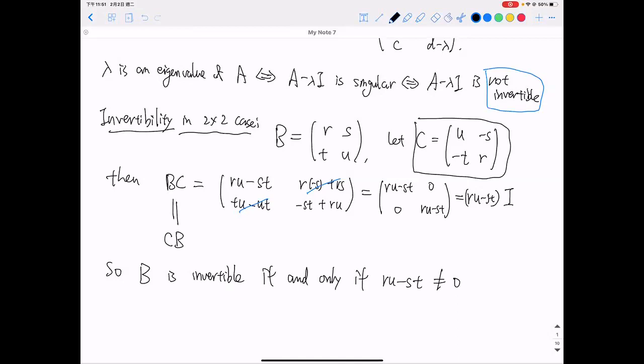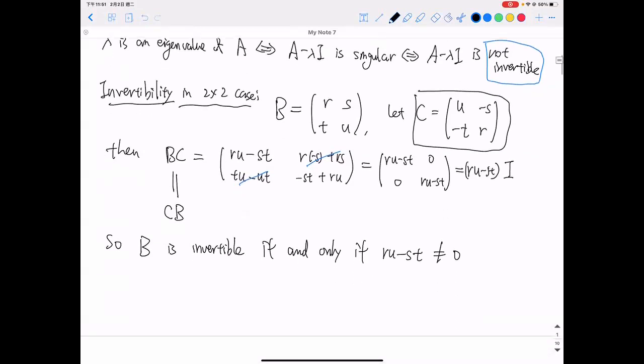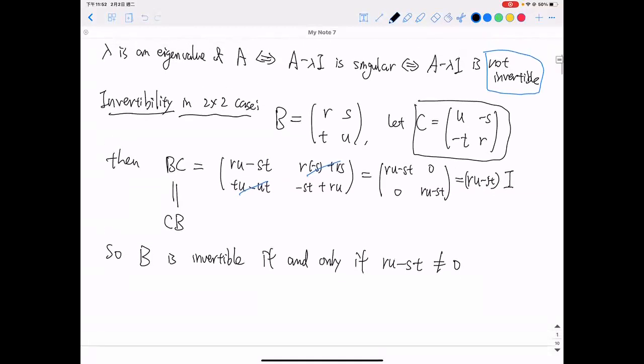Then the resulting matrix times B will be the identity. If RU minus ST is 0, then BC is equal to the 0 matrix, so B cannot be invertible.